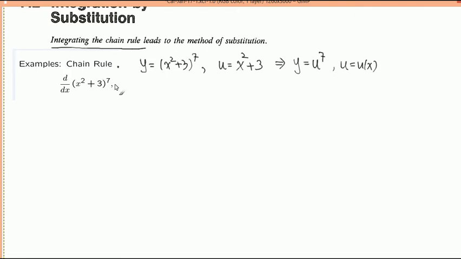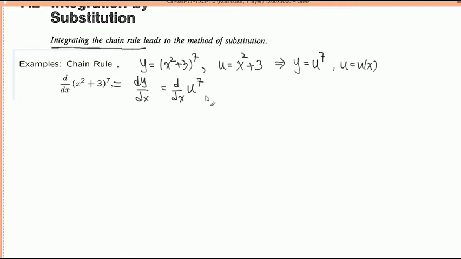Okay? Then this thing you wrote is simply dy/dx, right? y is a function of x, differentiating with respect to x, correct? But this can be written like this. This whole thing is written in terms of u, so it's u to the 7th power, where u is in terms of x, correct?